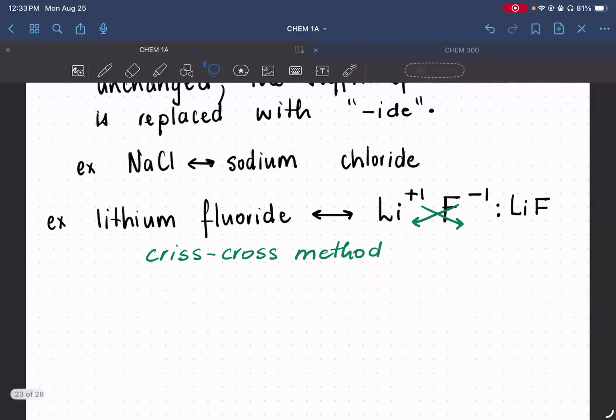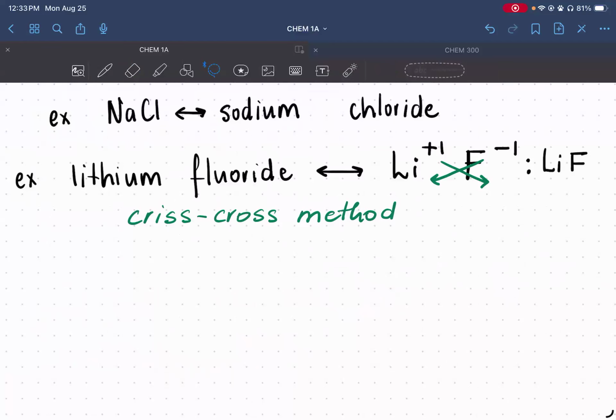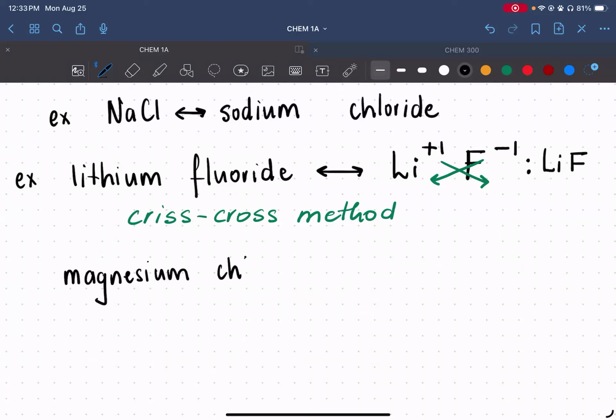The crisscross method works pretty much perfectly. Say, for example, we had another situation. What if we had the compound magnesium chloride? All right, take a second for yourself. You should be able to quickly identify which one is the cation, which one is the anion.